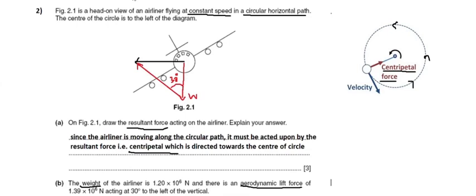Here you can see this is the triangle law, because this is the tail of the weight and this is the head of the weight vector, and this second aerodynamic lift vector is going from this point to this point. So I can say this is the tail of the second vector, and this is the head of the second vector. Okay, so we are connecting tail and head, and that's why it is the triangle law.